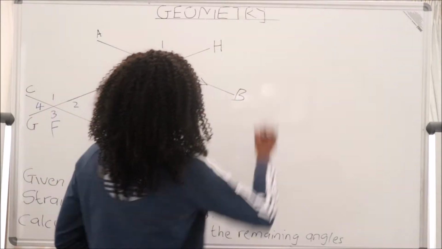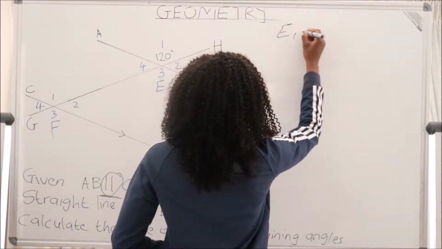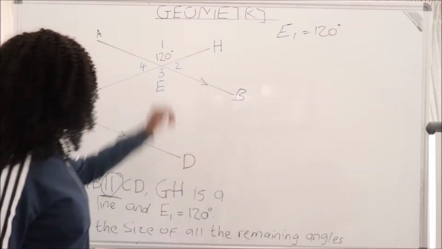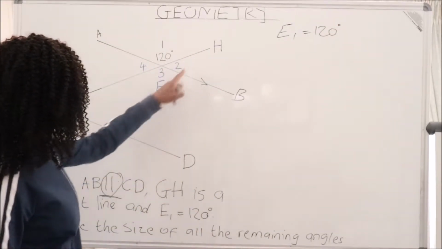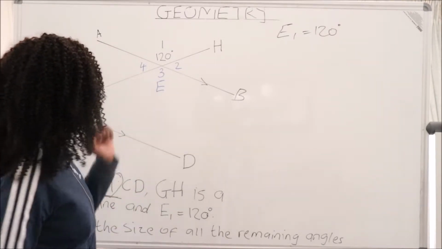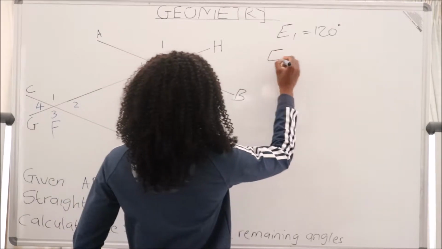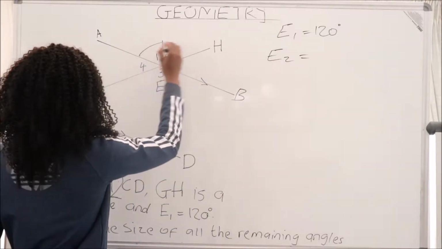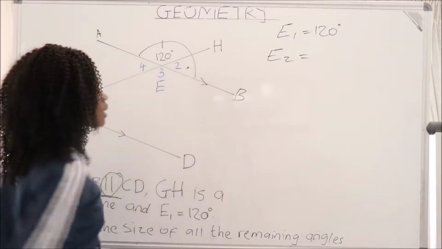So starting from here, we just write E1 is equal to 120 degrees. Then to find the value of E2, which is right there, we know that AB is a straight line. Remember that in a straight line, the second angle is a supplementary angle.